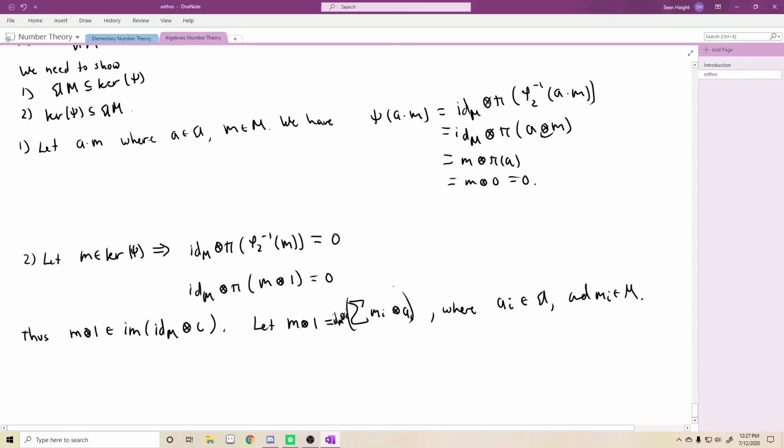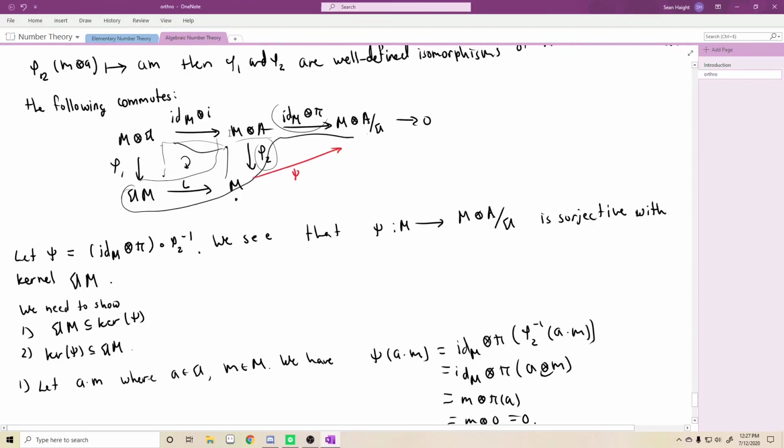Okay, and now I'm going to apply varphi_1 to this thing. I claim, okay, so essentially at this point I need to use the commutativity of this diagram.